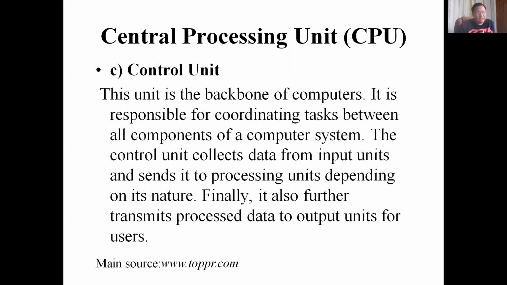It's called control because it takes command of all the other components. It tells the CPU to add or subtract. It tells the accumulator to load or to store. So that's the purpose of the control unit. It's the main backbone of a computer.